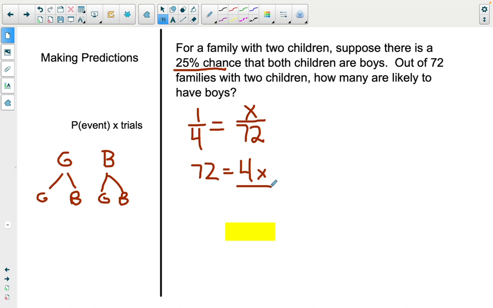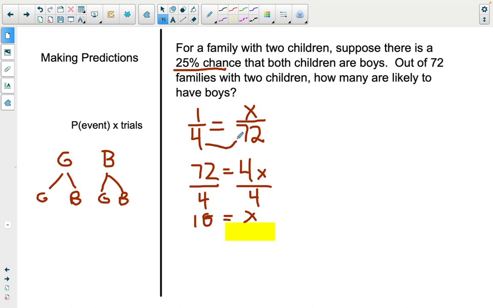You can divide both sides by 4. And the chance of having 2 boys, if you have 2 children, is 18 out of 72. Are there other ways you could solve this? Absolutely.